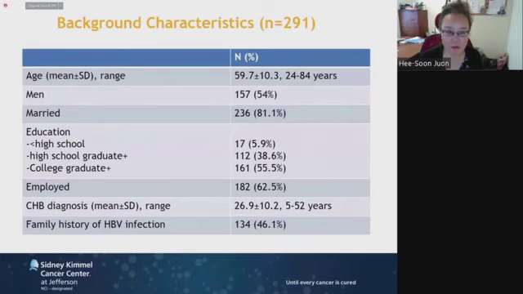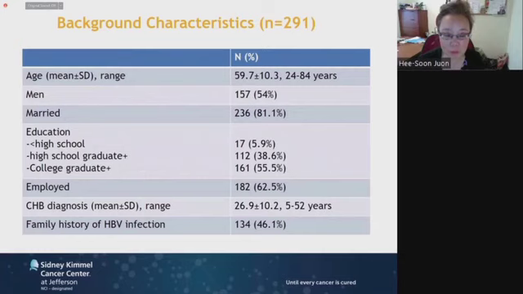If you look at the background characteristics for this 291 subsample, mean age was 60, and the age range was really wide, 24 to 84. 50% were men, 80% were married, and more than half, about 56%, had a college education or higher. So this sample is a highly educated population.